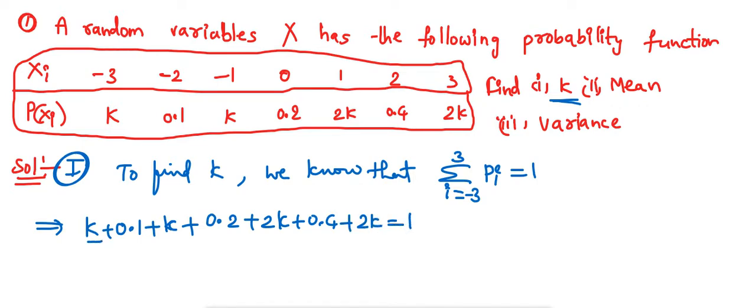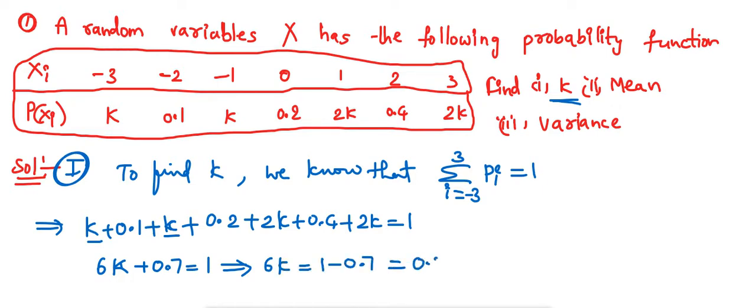Here k plus k is 2k, 2k plus 2k is 4k, 4k plus 2k is 6k. This is 6k plus 0.1 plus 0.2 is 0.3, 0.3 plus 0.4 is 0.7, so 6k plus 0.7 is equal to 1. From this 6k is equal to 1 minus 0.7 equal to 0.3. Then k equal to 0.3 by 6.